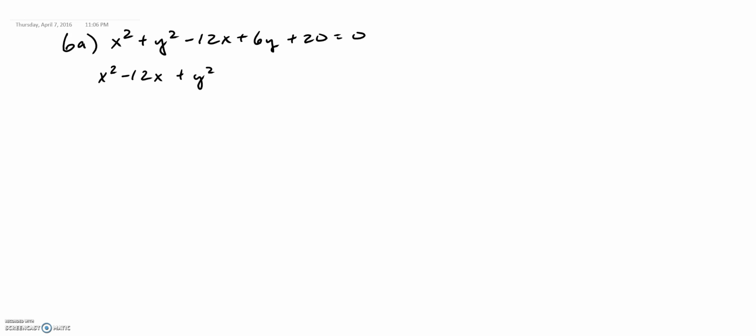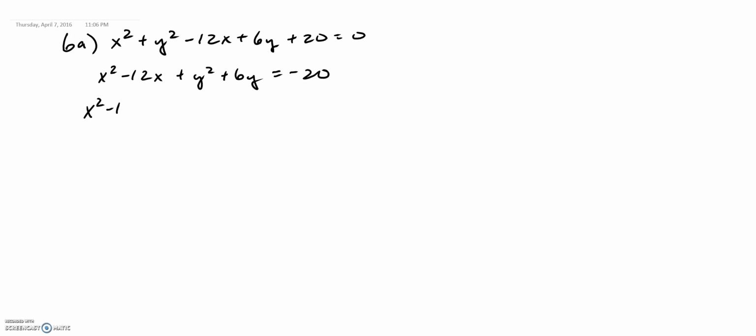All right, number 6a: x squared plus y squared minus 12x plus 6y plus 20 is equal to 0. Again, more completing the square. x squared minus 12x plus y squared plus 6y is equal to negative 20.